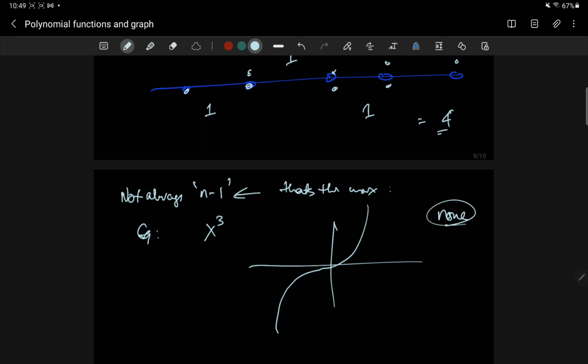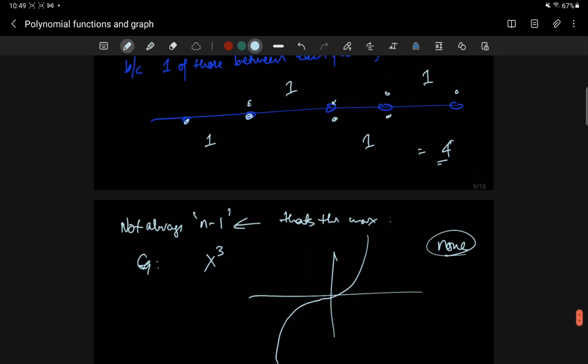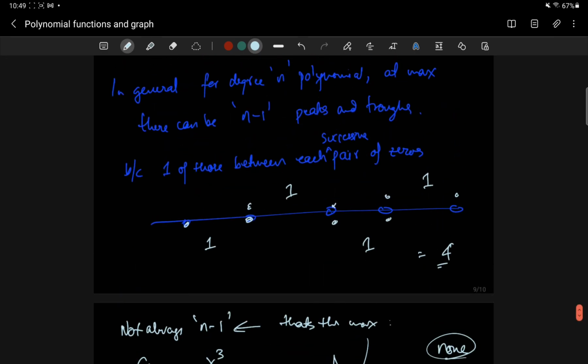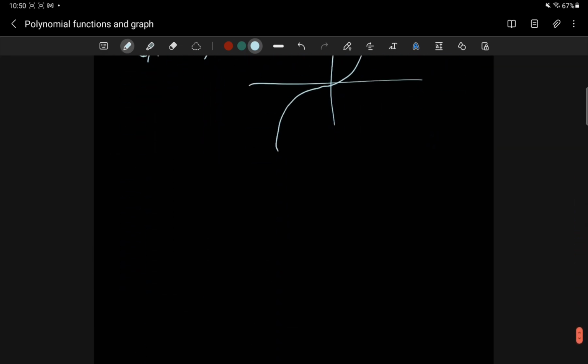So it can have 0, but if it's a cubic, it cannot have 4 or even 3 maxima or minima. At max, it's going to be 2 of them. There can't be one, but there can be none, or there could be 2. Why there cannot be one is not in the scope of this discussion, but when you are in Calc 1, we can talk about those things.